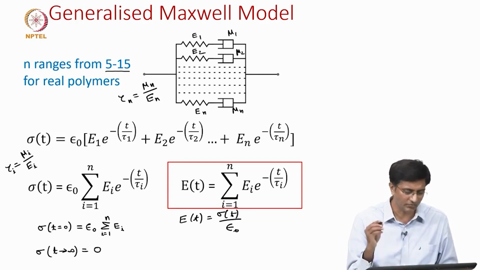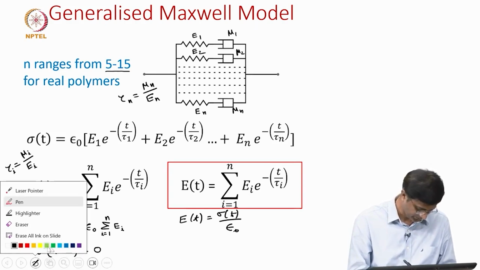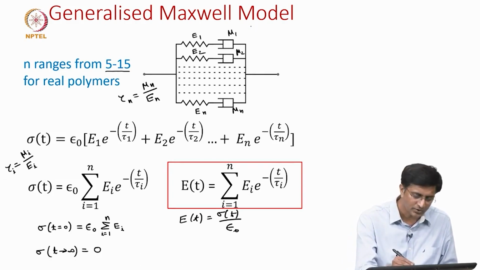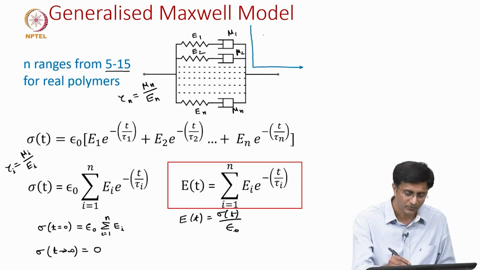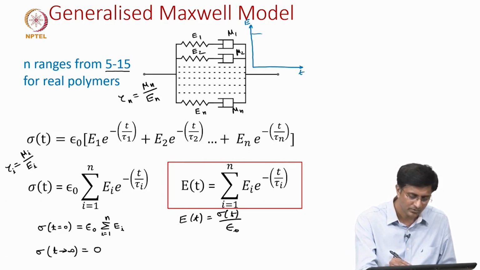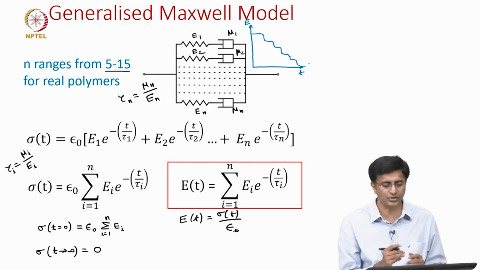Usually the way it can be represented is, if one is plotting in a log scale the changes in the relaxation modulus E with time, these steps are the relaxation times at which the modulus changes, and this should be approaching 0.